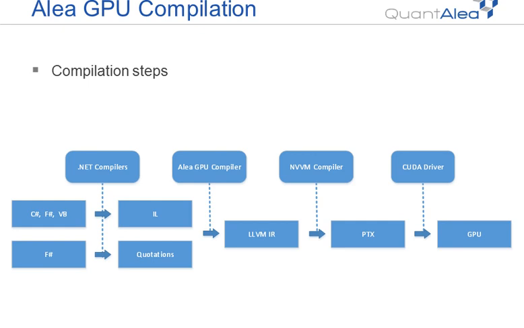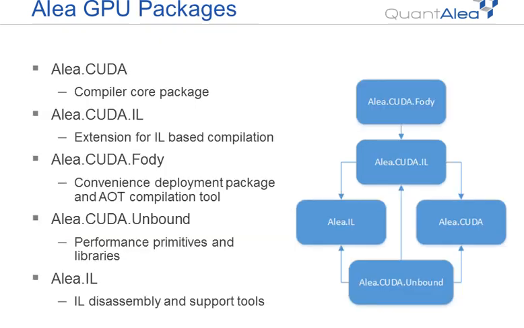So let's have a look at how the Alea GPU package structure looks. That's the next slide. The Alea GPU compiler is available in multiple packages, and by the way, all these packages can be obtained from NuGet. The first package is Alea CUDA.